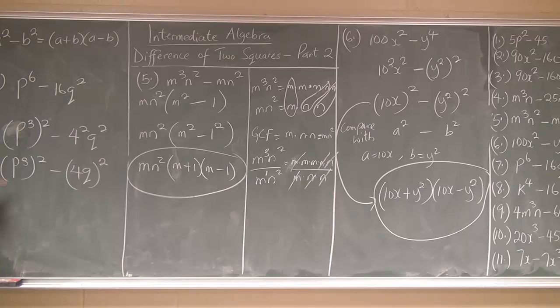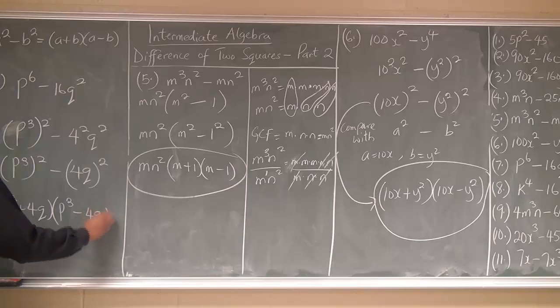If you now compare with a squared and b squared, a will now be p cubed and b will now be 4q. So this will now be p cubed plus 4q times p cubed minus 4q. And this becomes your answer.